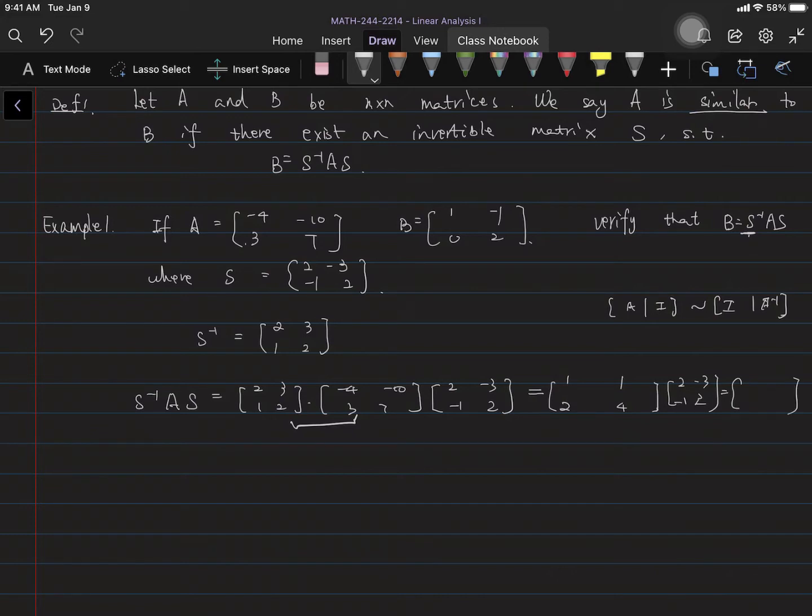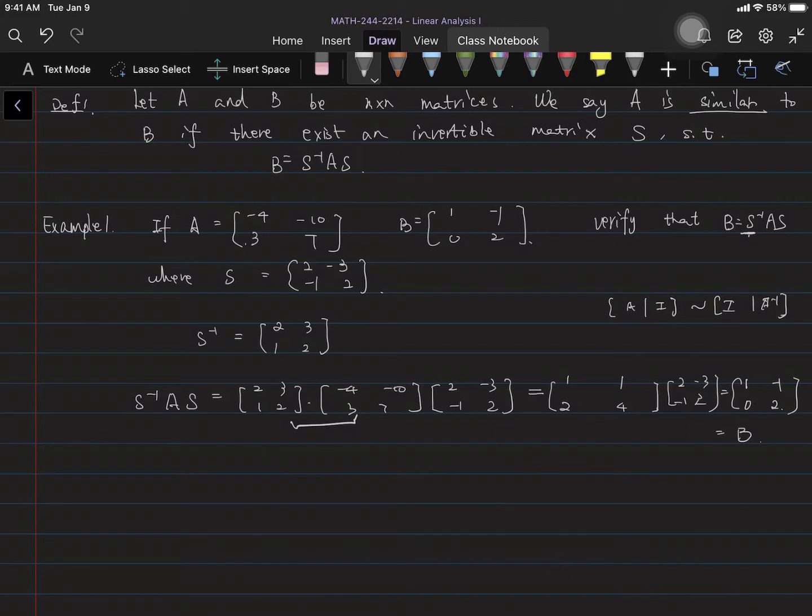So it's 2 minus 1, which is 1. Negative 3, add 2, so it should be negative 1. 4 minus 4, 0. Negative 6 plus 8, 2. So this is exactly the same as B.